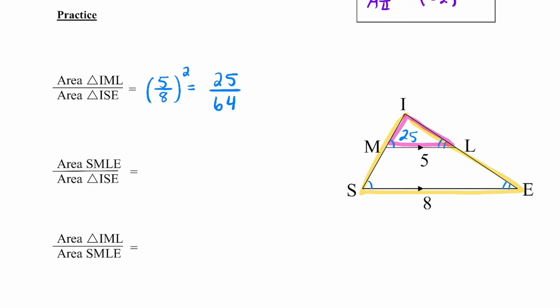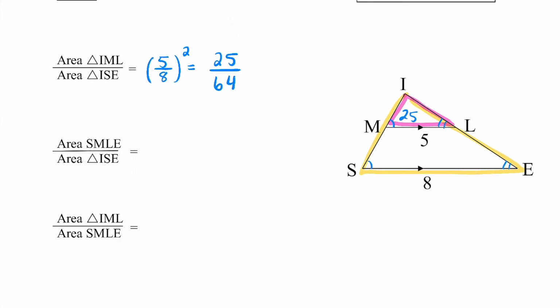If the whole triangle takes up a ratio of 64 units, and the inner triangle is 25, then what's left over from 64 minus 25 would be the leftover space inside for this trapezoid. 64 minus 25 gives us 39, over the whole thing of 64. So it does come out to be this leftover space inside.